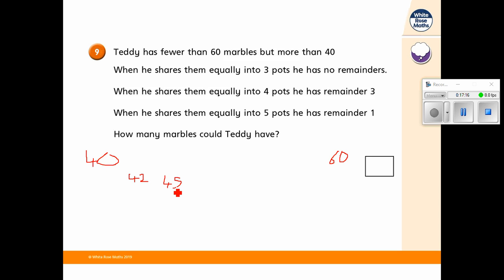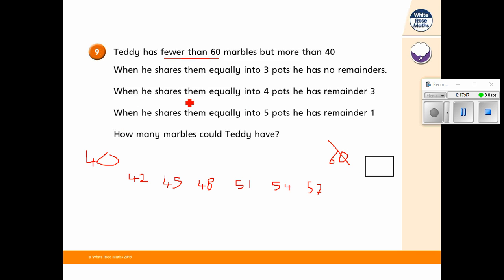So we've got 42, 45, 48, 51, 54, 57, and 60. Let's just have a look back here. It says fewer than 60 marbles, so it can't be 60 itself because fewer means less than.